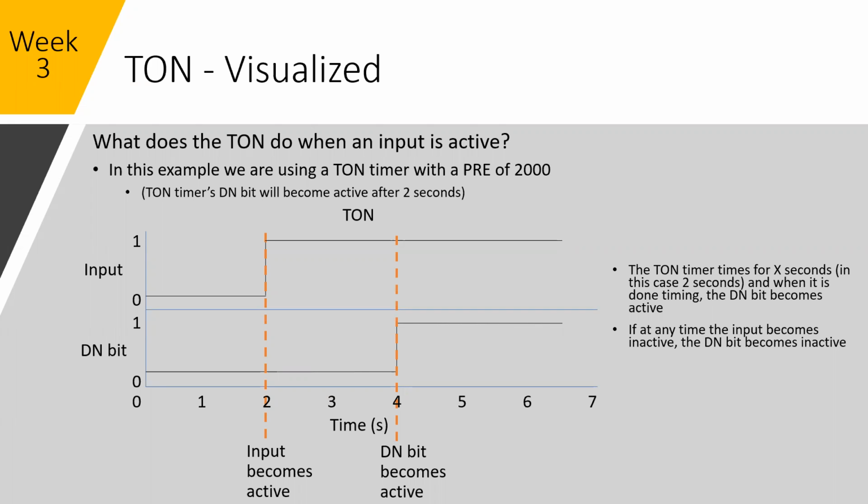For the TON, the non-retentive timer, if at any time the input becomes inactive, the done bit also becomes inactive. So if the input stays on and then cycles off, at the same time the input cycles off, the done bit will also deactivate.